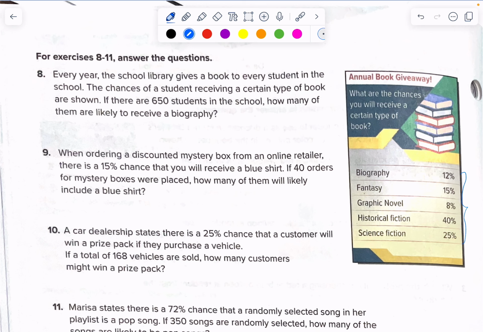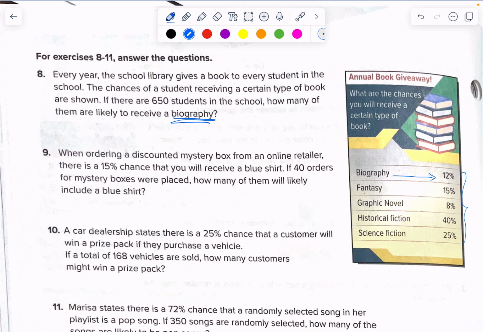And so when we do these, we're actually going to be using a proportion to help us set it up. So right now, since I'm looking at the chances of receiving a biography, I know there's a 12% chance that they are going to receive a biography. And so really what I want to figure out is what's 12% out of these 650 students.